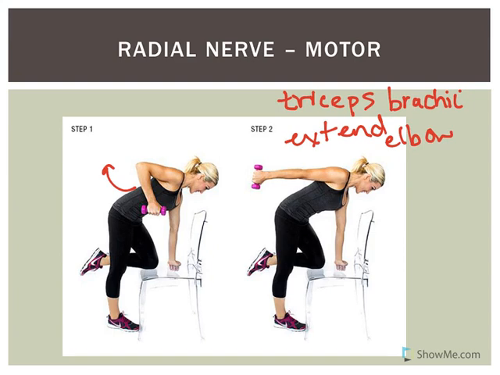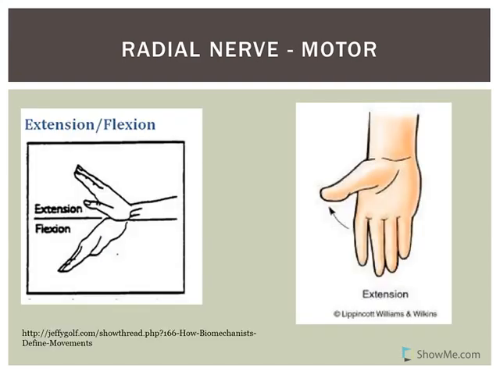Another thing it does is innervate the extensors of the wrists and the hands. So it's involved in wrist extension. Remember, the median nerve was involved in wrist flexion. The radial nerve is involved in wrist extension, and also in extending the thumb.